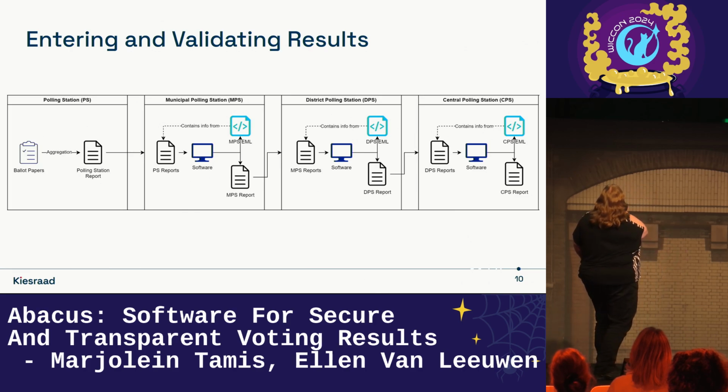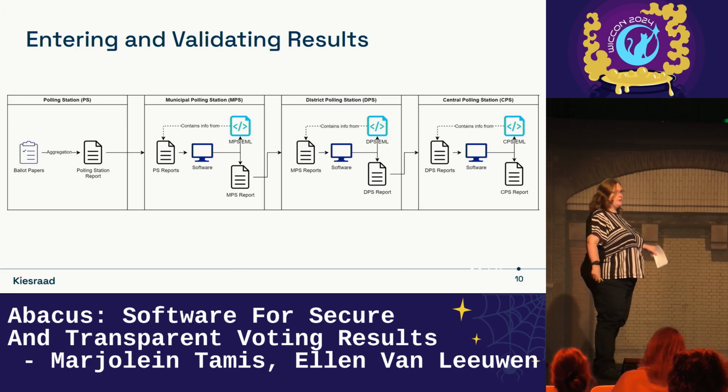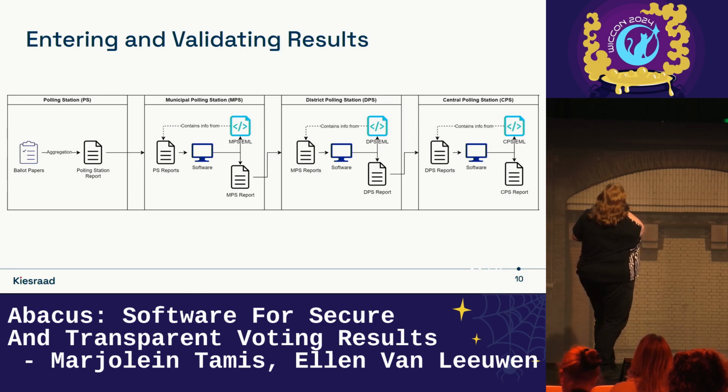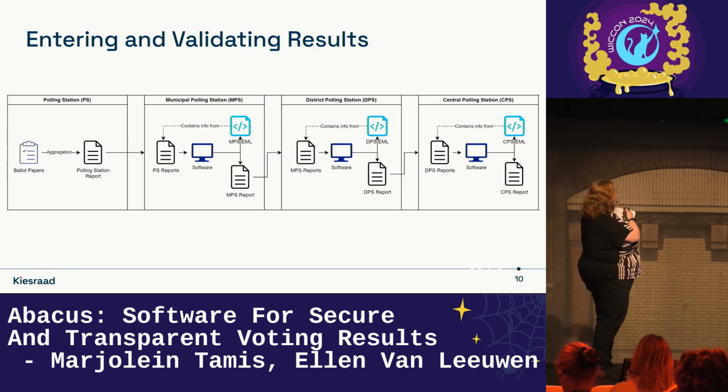So that's what I just described. That's the paper part. So the votes are aggregated and counted. That leads to a polling station report. It happens on paper only. And after that, the results are processed at the municipal polling station, where it's entered into the software by a data typist. Any errors and any problems will get checked and verified.